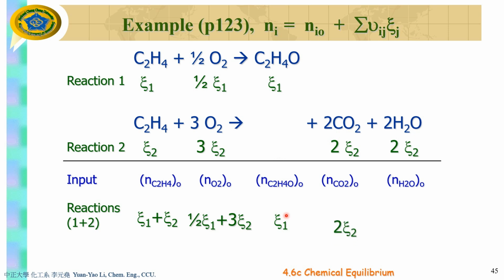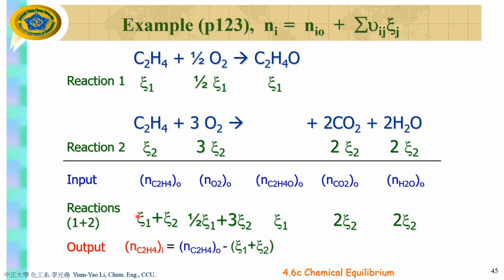This is 2Xe2. This is 2Xe2. Okay. So output will be what? Output will be this plus this, right? And of course you need to do the minus, because the nu here is minus. This is the example of this C2H4. Okay, and you can do this, this, and this. Okay? Right, okay.